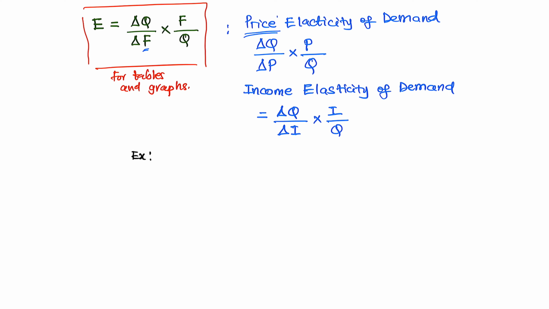Let's say we are given price and we have quantity demand 2, 10. So when the price of the good is 2, the quantity demand of that good is, let's say, 8. And when the price of the good increases to 10, the quantity demand for that good reduces to 4.